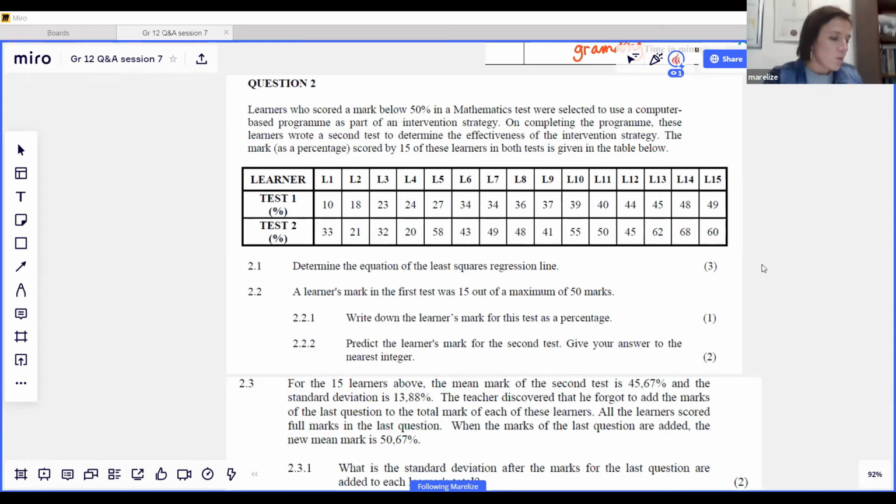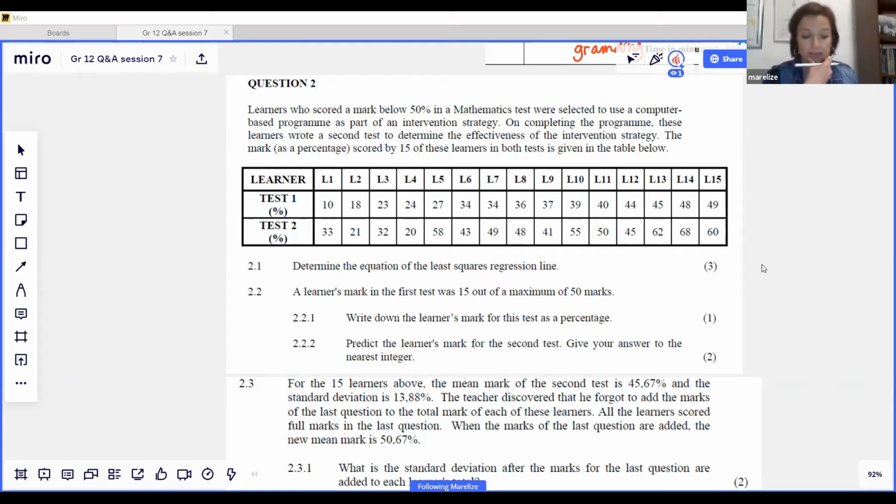So first of all, we have to make sure our calculator is in stats mode. So you go mode and you choose the mode that says stat. Then it will come up. There's a thing that says 1 for variance, VAR is variance. And then there's a 2, A plus BX.